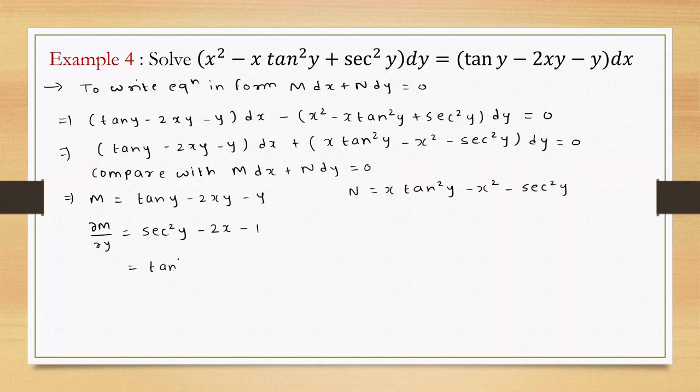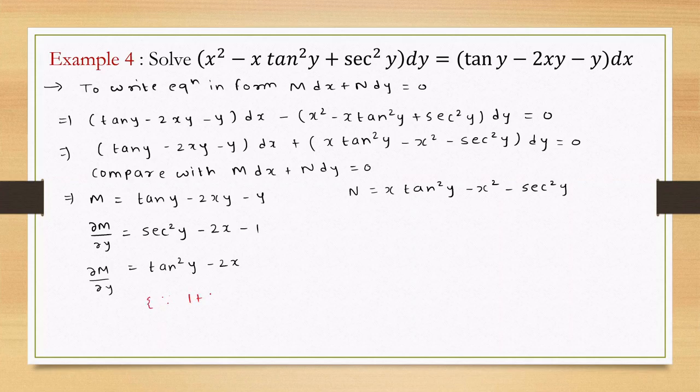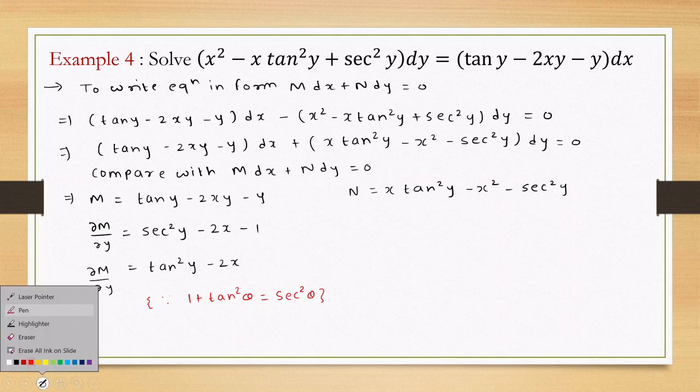So dou M by dou y is tan square y minus 2x. Now, what is the reason here? Since 1 plus tan square theta is equal to sec square theta. Correct?